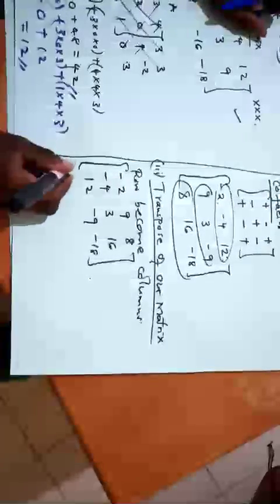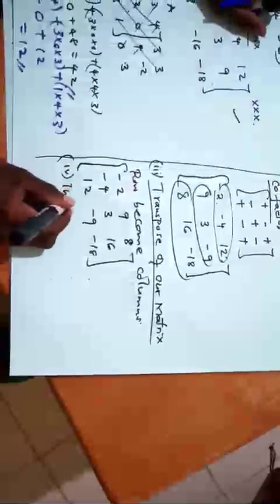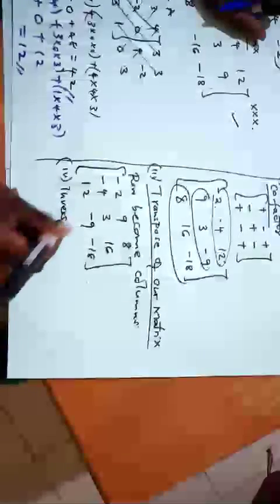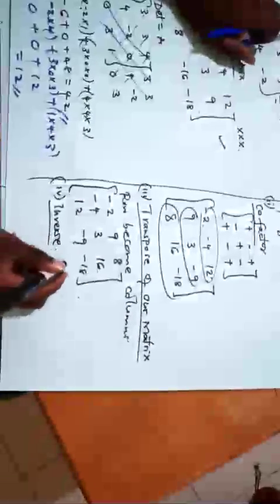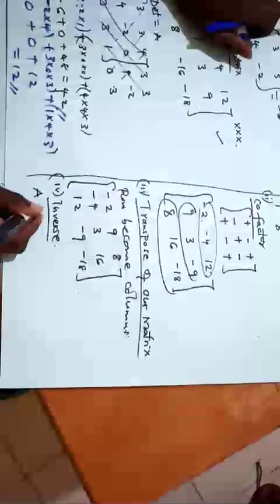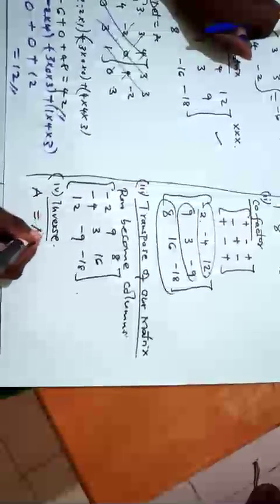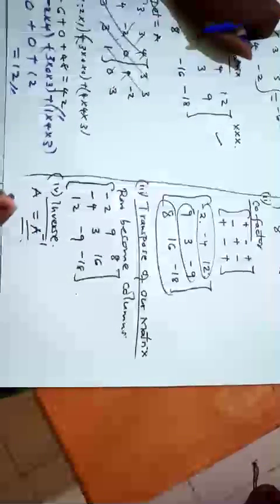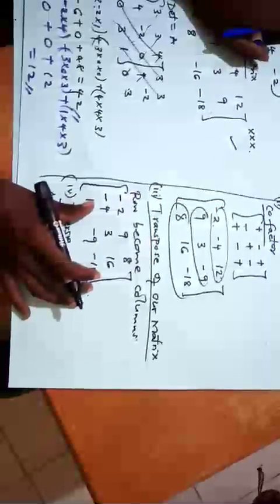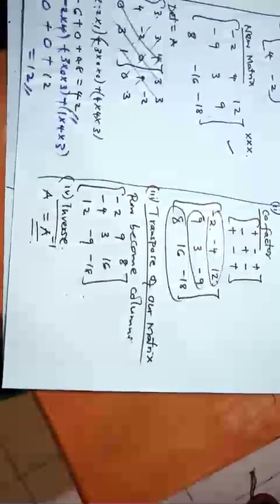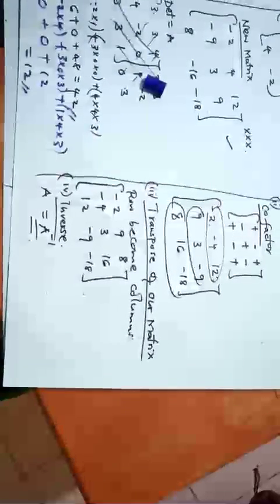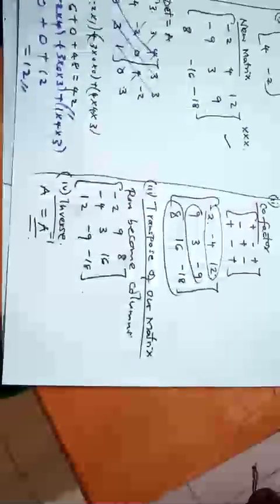So the fourth step is now inversing the matrix. We inverse the matrix because it is the inversion rule. So the inverse of matrix A is A inverse. What we do is divide the matrix by our determinant.